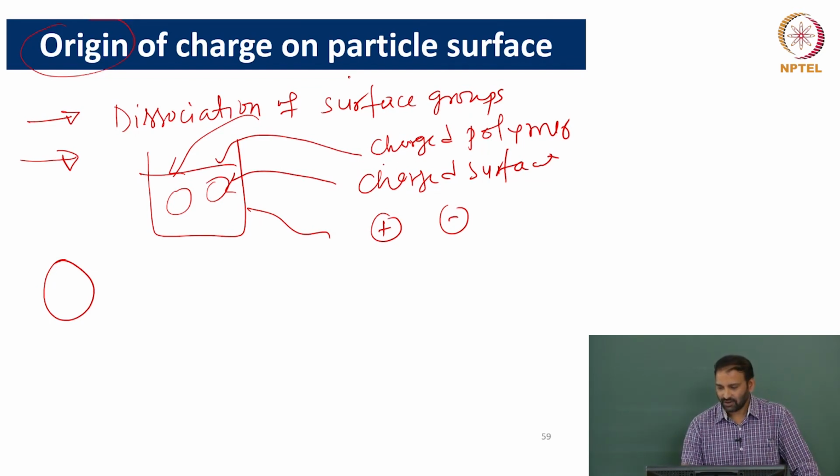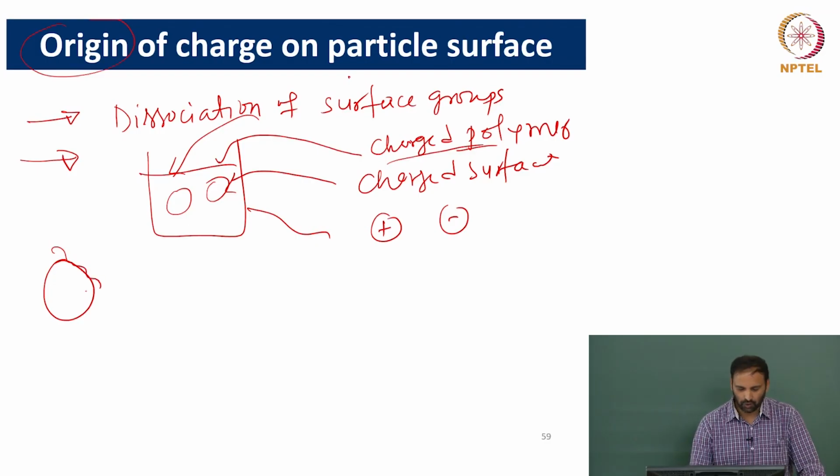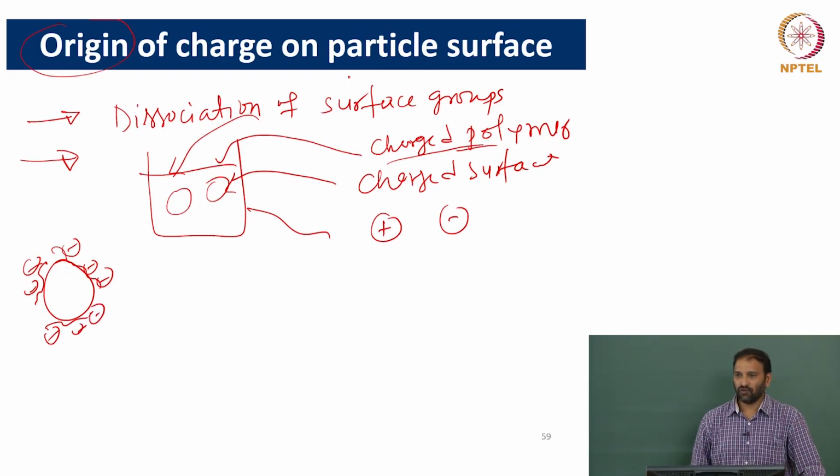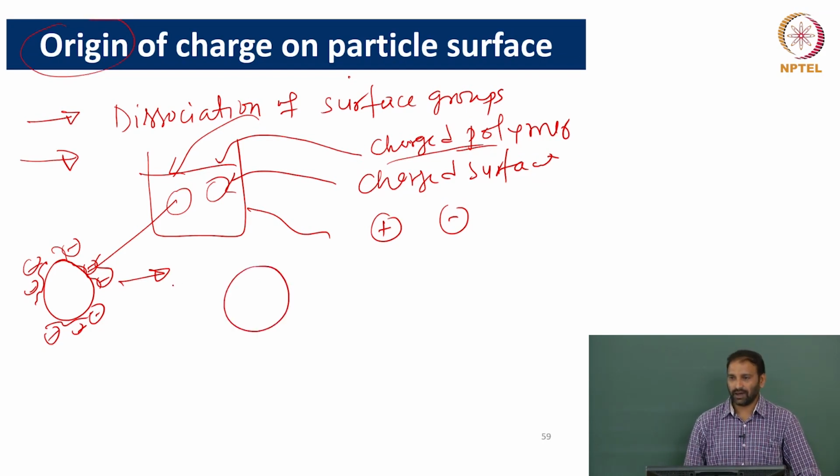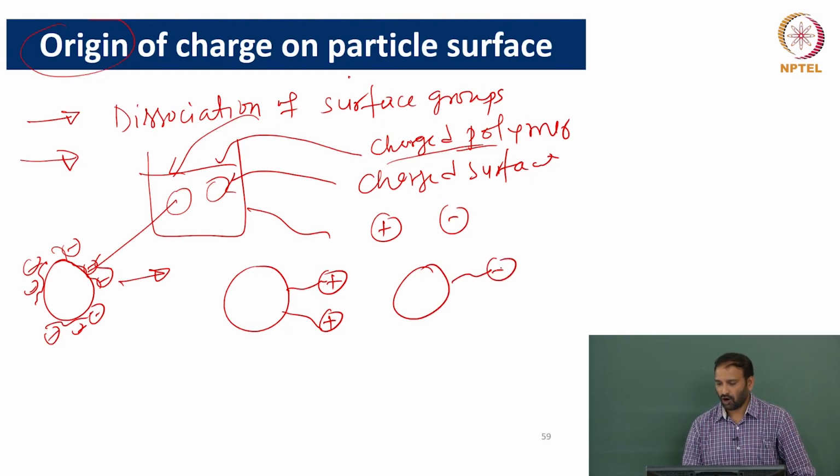If I have a charged polymer, I'm going to represent it something like this. It's a long chain molecule, but it may have some surface groups. Because it's a charged thing, it has charges. Therefore, I can end up with a particle that has adsorbed macromolecules, adsorbed polyelectrolytes, which can give rise to charge on the particle. Similarly, the surfactant that I add can have charge groups, either positive or negative.